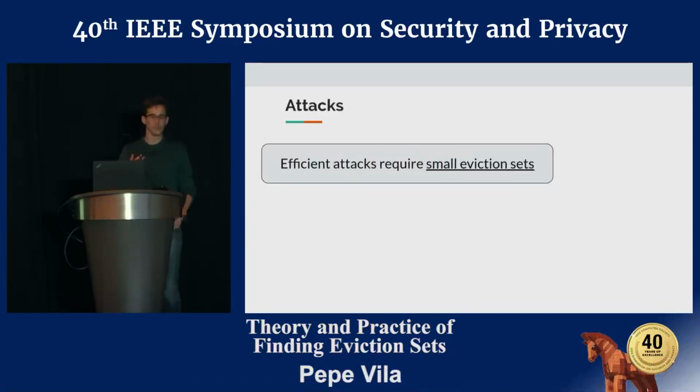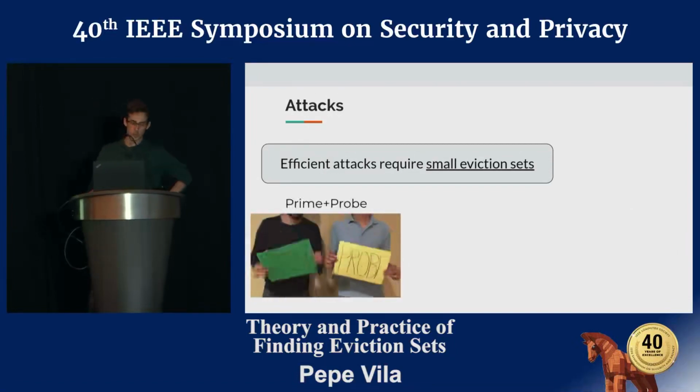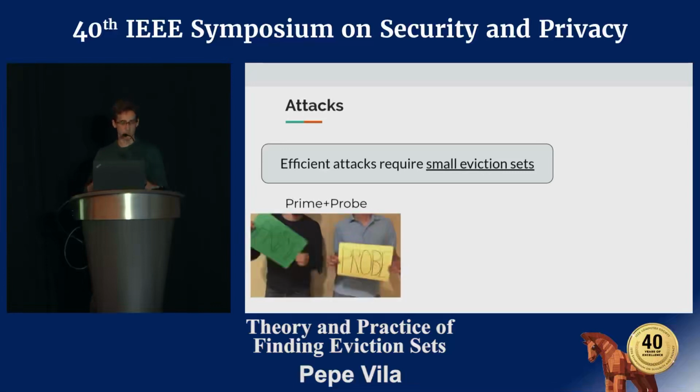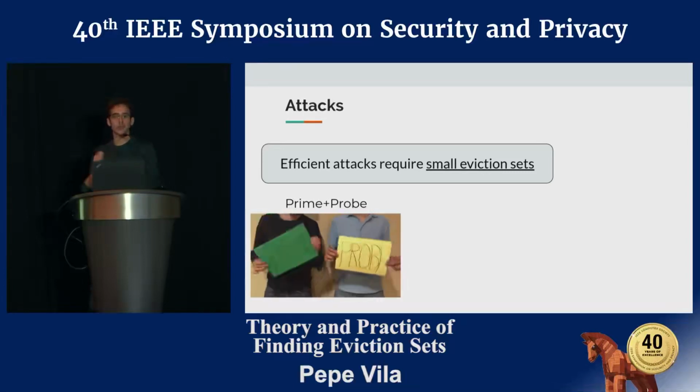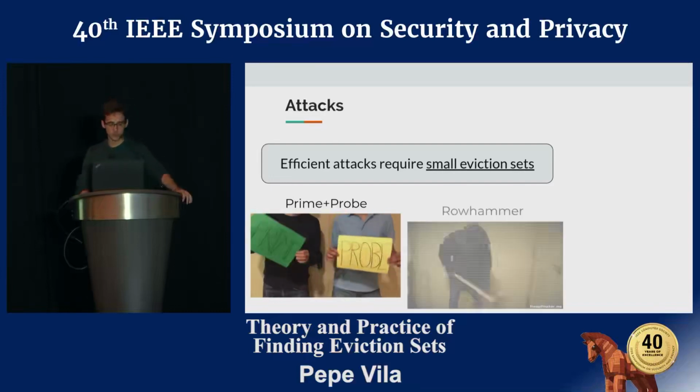So why is this interesting? It turns out that for many microarchitectural attacks, finding a small eviction set is a key primitive. For instance, for Prime and Probe, the attacker needs to put several cache sets in a controlled state, and this is done by filling the cache set with its own controlled data.